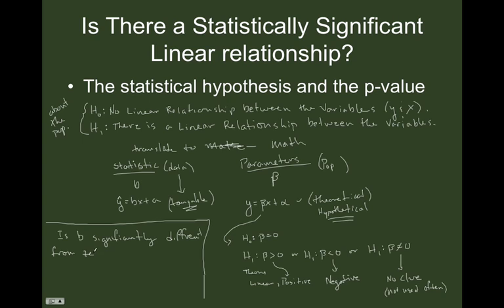Because in the null, we're assuming no linear relationship. And in the alternate, they're going to say that it's a positive or a negative association, or a positive or negative linear relationship.